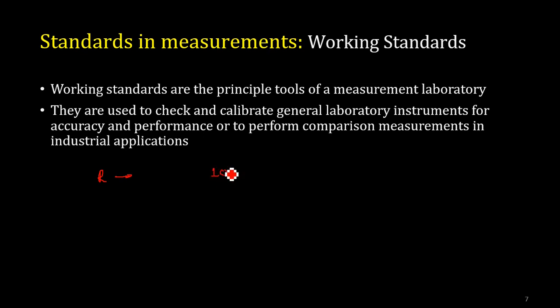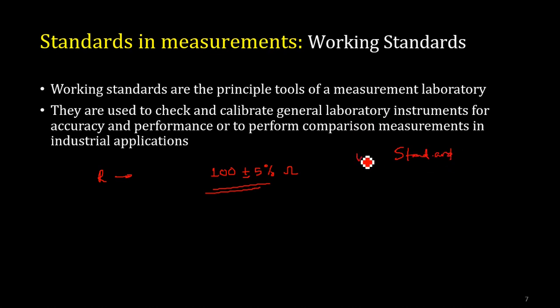You are specified to manufacture 100 ohm plus or minus 5%. This is the value of resistor that you need. Now how will you say that the resistor being manufactured has this value, say 100 ohms plus or minus 5%? You will have a standard resistor which is kept at this particular laboratory or industry.